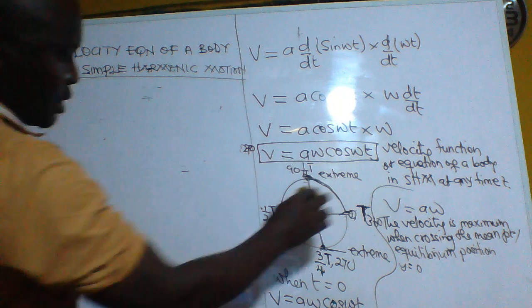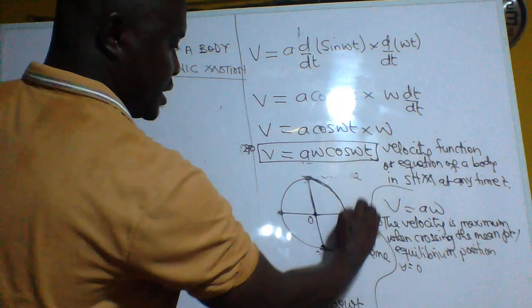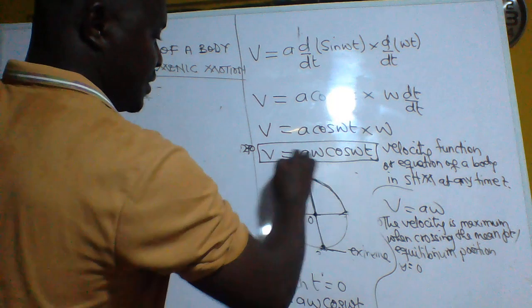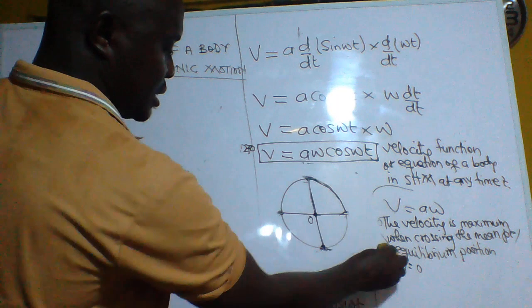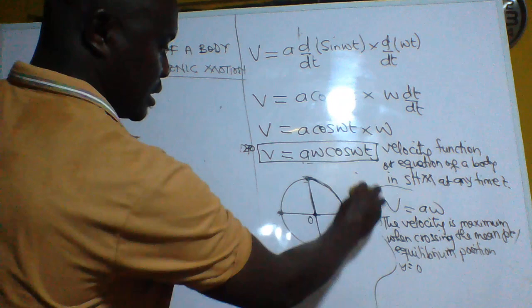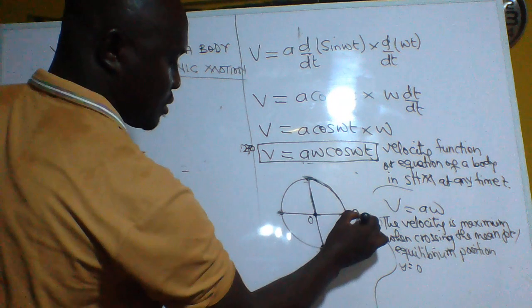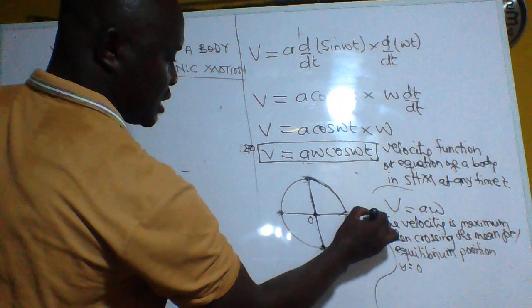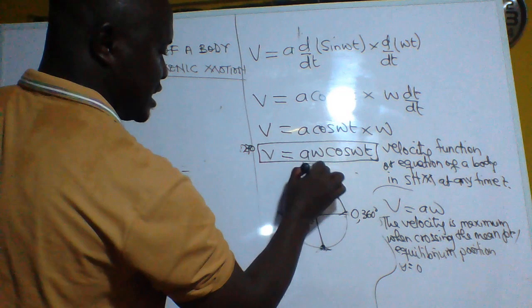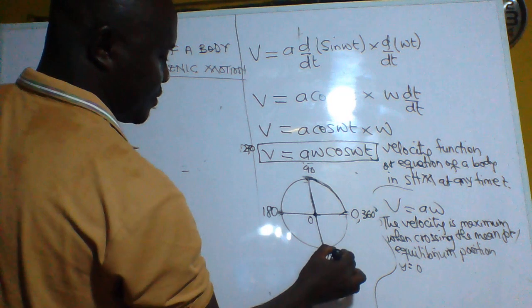So what I'm saying is that you change this division of the time period into angles instead. So we have, this is 0, then 360 when it comes back, this is 90, this is 180, this is 270.